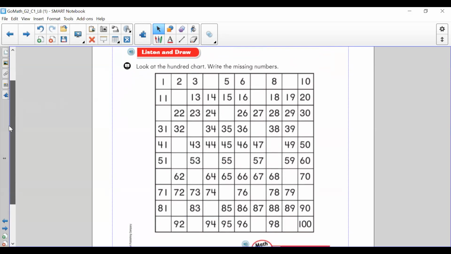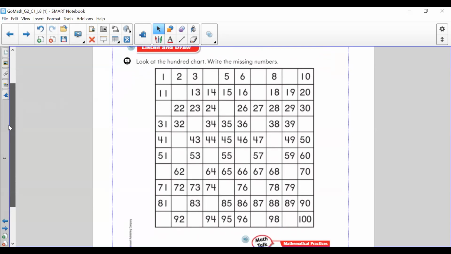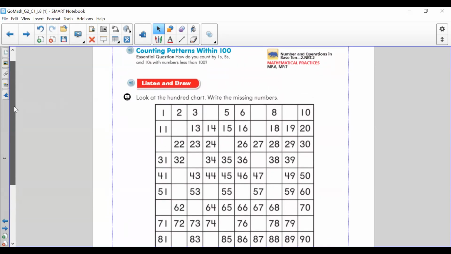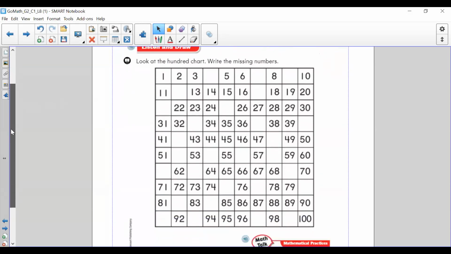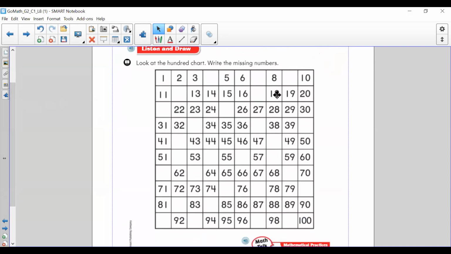Well, it's a little tricky, but I think we can do it. So let's look at the 100 chart and write in the missing numbers. Now, one way that you can figure out what numbers are missing is just by counting by ones. And we all know how to count by ones all the way up to 100. I think we learned that in kindergarten.